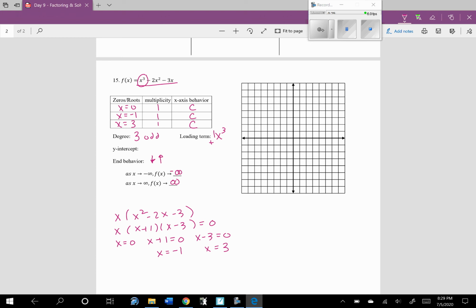Remember, to find the y-intercept, you plug 0 in for x, so we get 0 cubed minus 2 times 0 squared minus 3 times 0. So the y-intercept, of course, would be (0, 0). And then go ahead and graph. So on my x-axis, I'm going to go ahead and just count by ones.